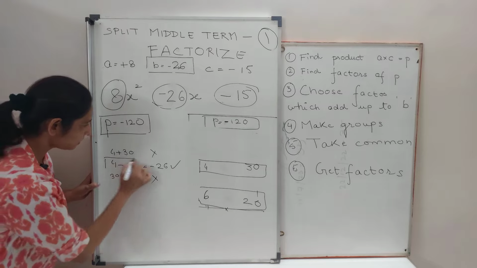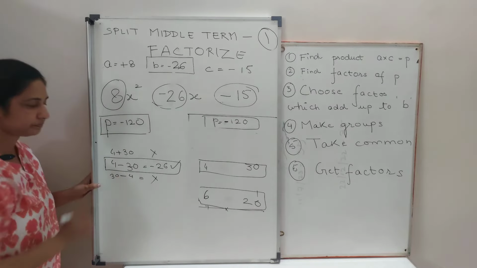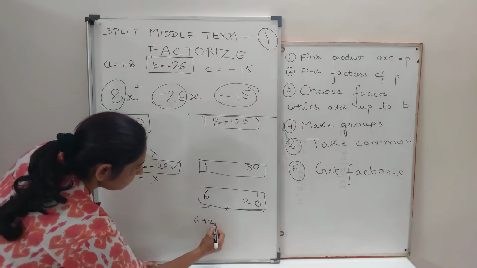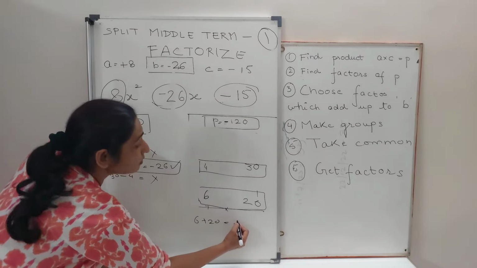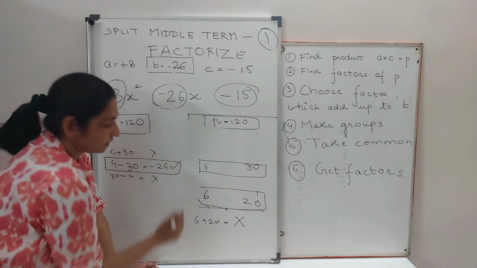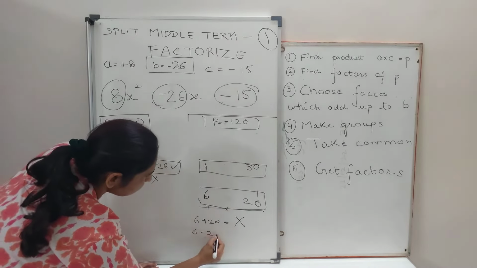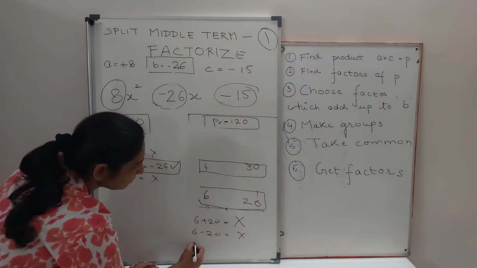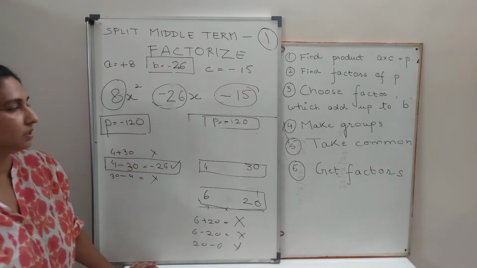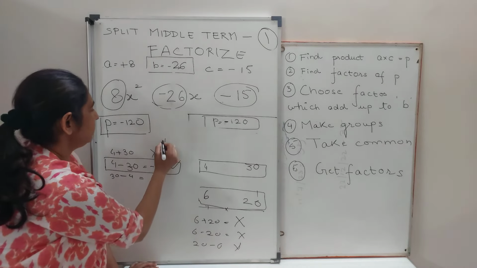So this is one correct option. Here let's see. 6 plus 20, you're getting 26, which is not required. We need minus 26. 6 minus 20, or 20 minus 6, is again not minus 26. What do we need? We need minus 26.